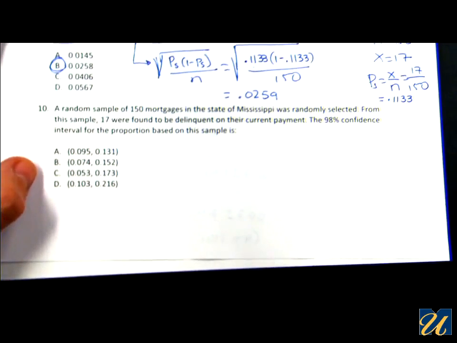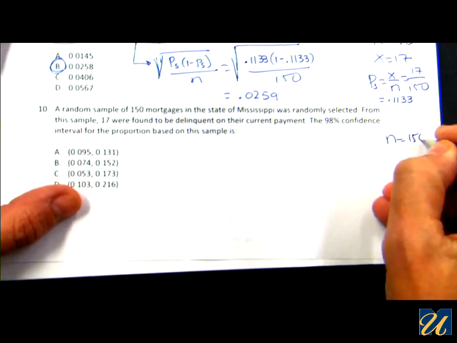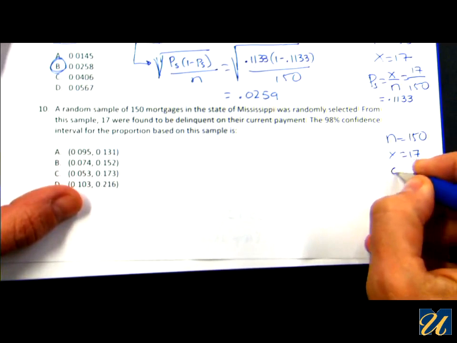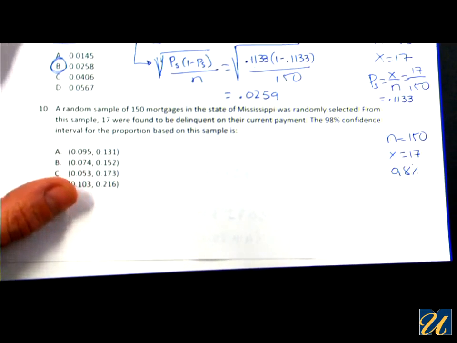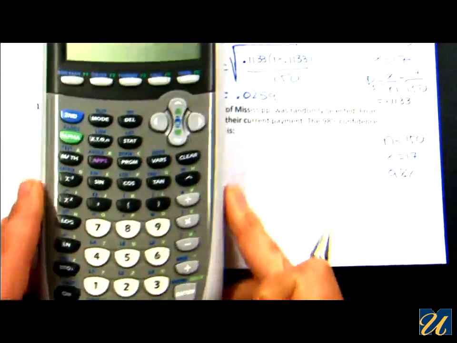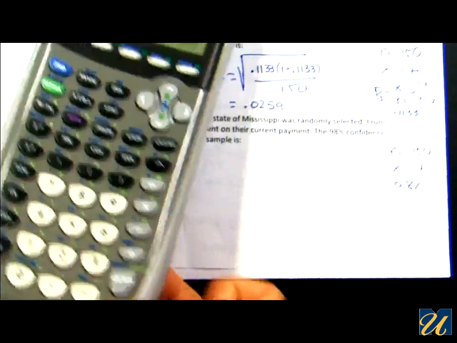A random sample of 150 mortgages, once again, n is equal to 150. We have x equal to 17. I'm looking for the 98% confidence interval for the proportion. This is the case where we will use, to make things easier, the graphing calculator.